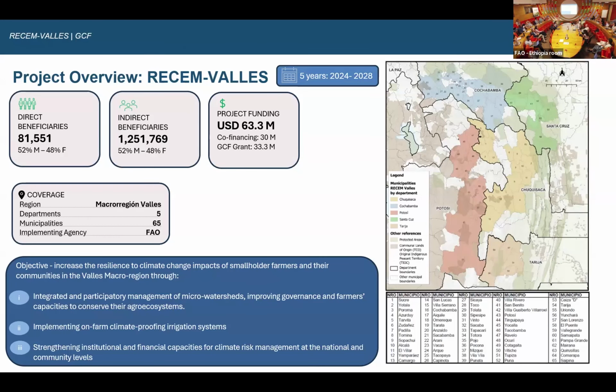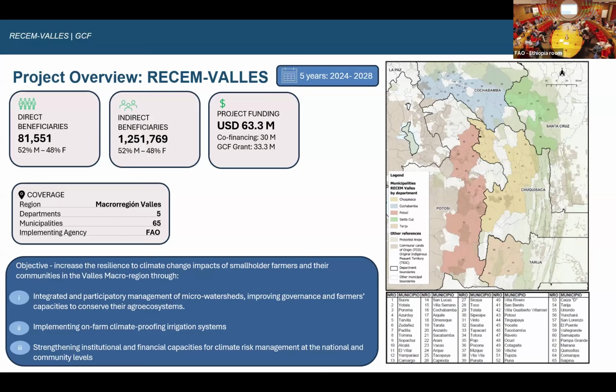All right. It's a big project funded by the GCF, which contributes through a direct grant of 33 million. Overall, the project is $63 million, and aims to reach 81,000 beneficiaries. This is the definition of beneficiary.